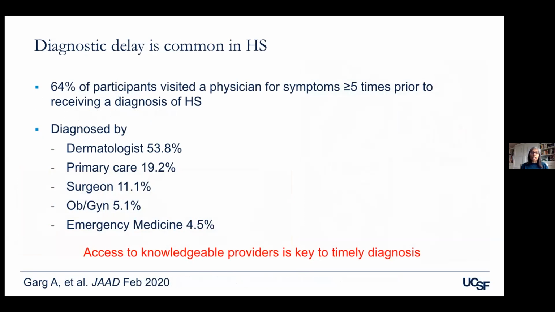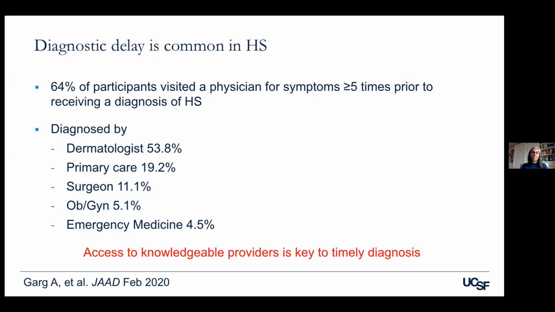We conducted a study along with many other global partners who are interested in HS to try and understand the HS patient experience in terms of interacting with the medical community and getting diagnosis and treatment for their disease. And so over 1,000 patients across the world contributed to this survey study.